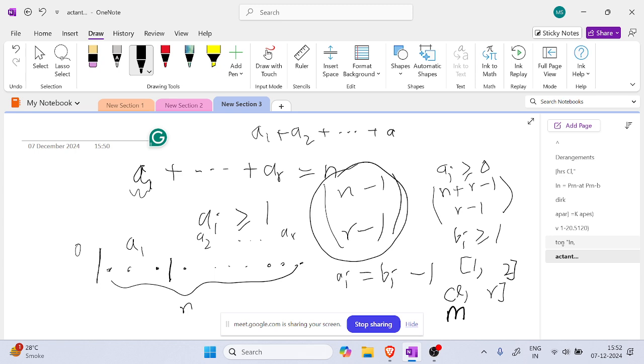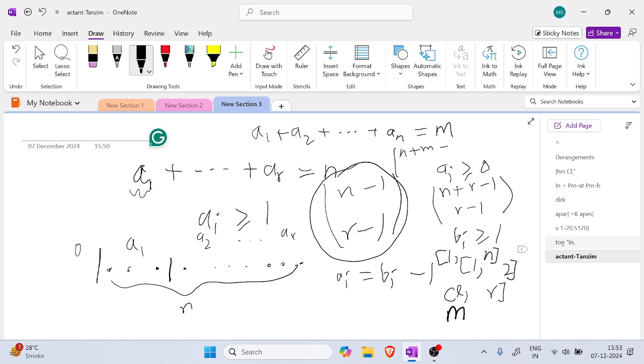For the sake of simplicity, I will just take 1 to n because it doesn't really matter. You can just shift it from 1 to n to L to R. So A1 plus A2 so on till n is equal to m, because there are m elements that we need to choose, and this will be n plus m minus 1 choose m minus 1.